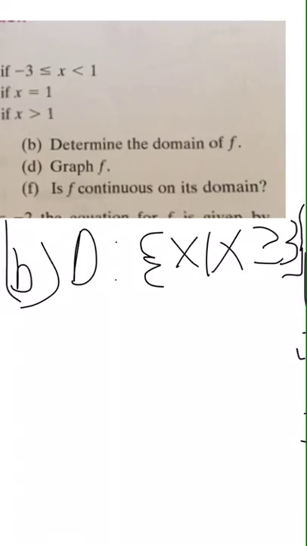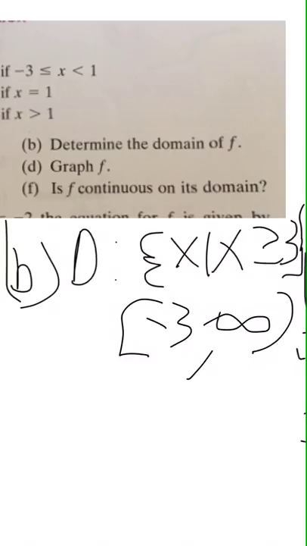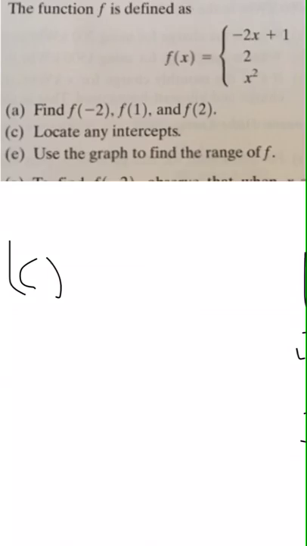Another way you could write the domain is just the interval, a closed bracket from negative 3, since x can be equal to negative 3, and since it keeps going on past there, it'd go to infinity and it'd be a parenthesis. You could write it both ways.